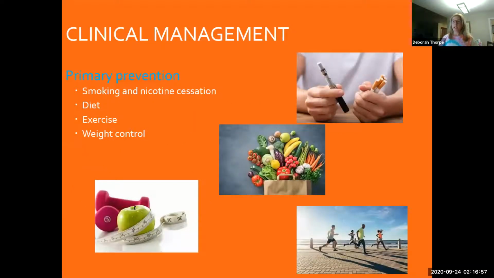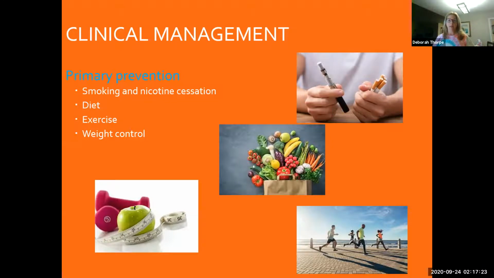Clinical management or primary prevention for these patients includes smoking and nicotine cessation, diet, exercise, and weight control. So eating a variety of fruits and vegetables, grains, legumes, fat-free and low-fat products like fish, poultry, and lean meats.